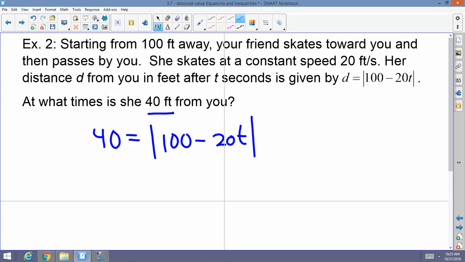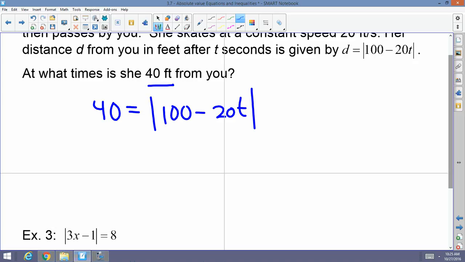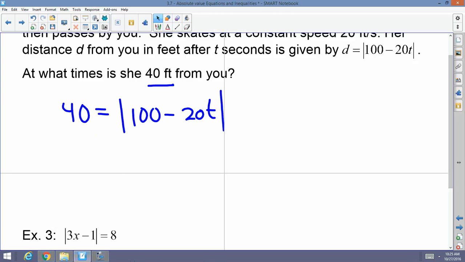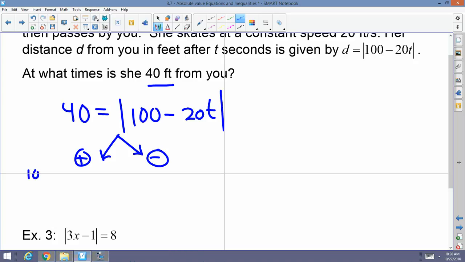Now, I just want you guys to be honest with me, okay? Tell me what you like better, and I want to cater this lesson to your needs. Again, me, I'm old-fashioned. I'm going to go with the positive side and a negative side. My positive side is the mirror image of this without the absolute value symbol. So I've got 100 minus 20t equals positive 40.